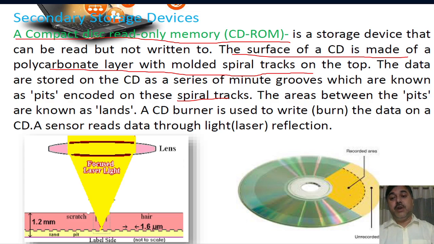This is the recorded area, and this is the non-recorded area. So this is the burnt area, and this is the area where nothing has been burnt. In this way we can store the data and work with it.